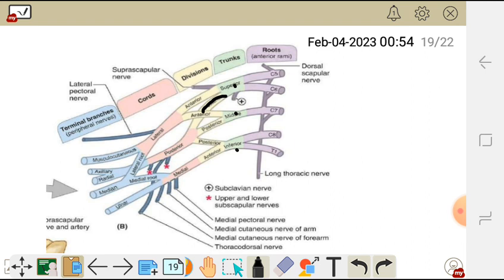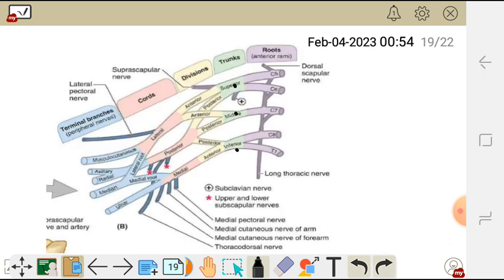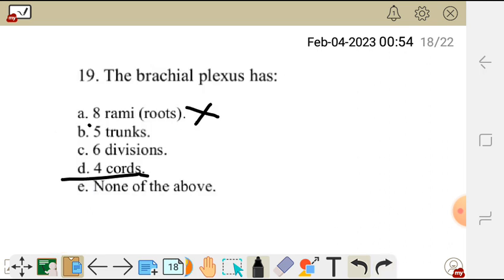Altogether that makes 6 divisions. That's why C is the correct answer. Then the cords are only 3, 1, 2, 3, not 4. And the correct answer for question 19 is C, 6 divisions.